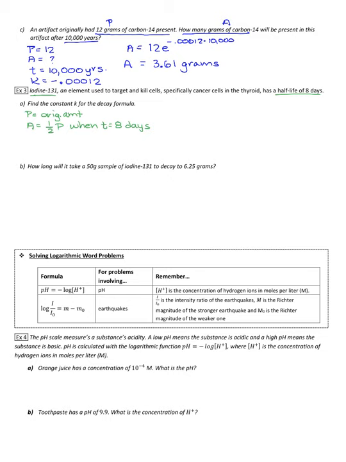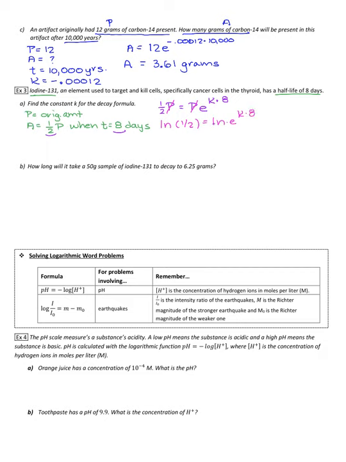So that's going to be like what we did with carbon. Let's find our K. So we're going to set it up with half of P, that's my A, equals P e to the K times 8, because this and this have to go together. The half-life is 8 days. All right, so we start off, divide through by P, they go away. Take the ln of both sides, equals ln e to the k times 8.